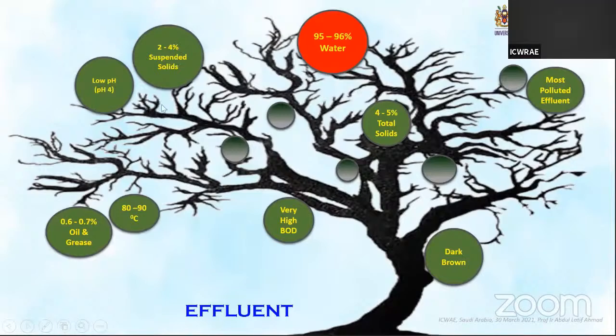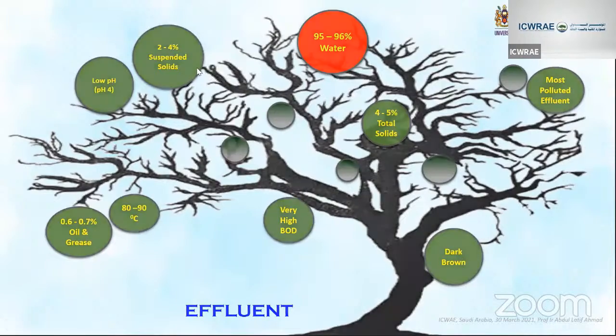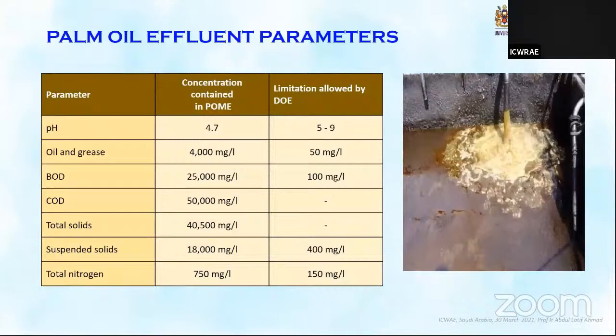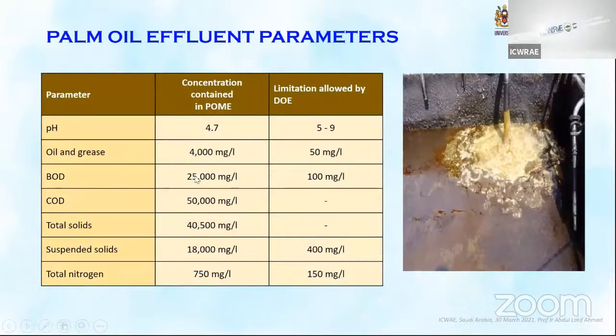It's only suspended solids and a little bit of oil and grease. The organic matter is very high, so the BOD and COD are very high. The rest is only suspended fibers. If you look in detail at the characteristics of the effluent, you can see BOD and COD are very high, 25,000 and 50,000.